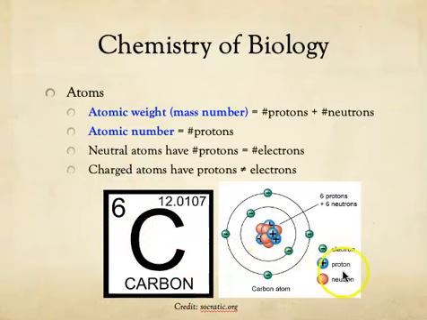Over here on the right-hand side of the slide, you can see a drawing of a carbon atom. And there are 3 different particles that are represented inside the atom. There are electrons with a negative charge, protons with a positive charge, and neutrons that have no charge.